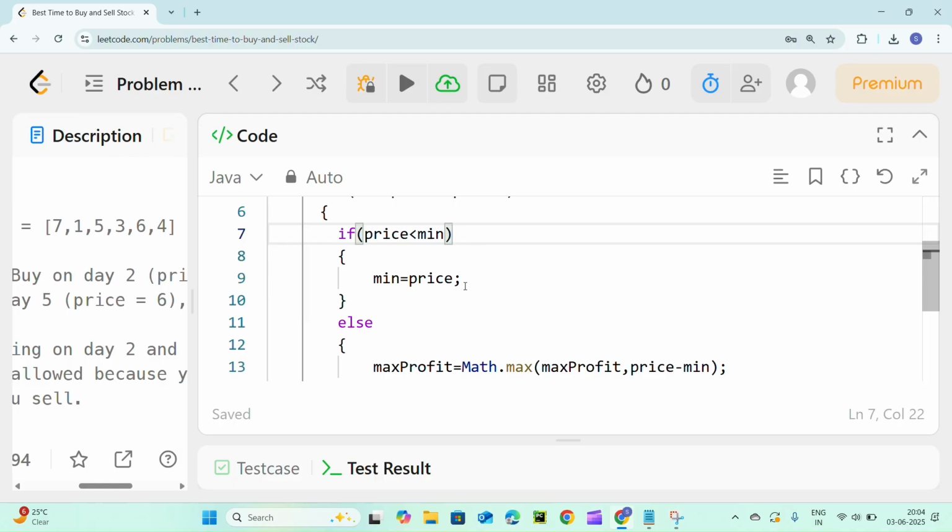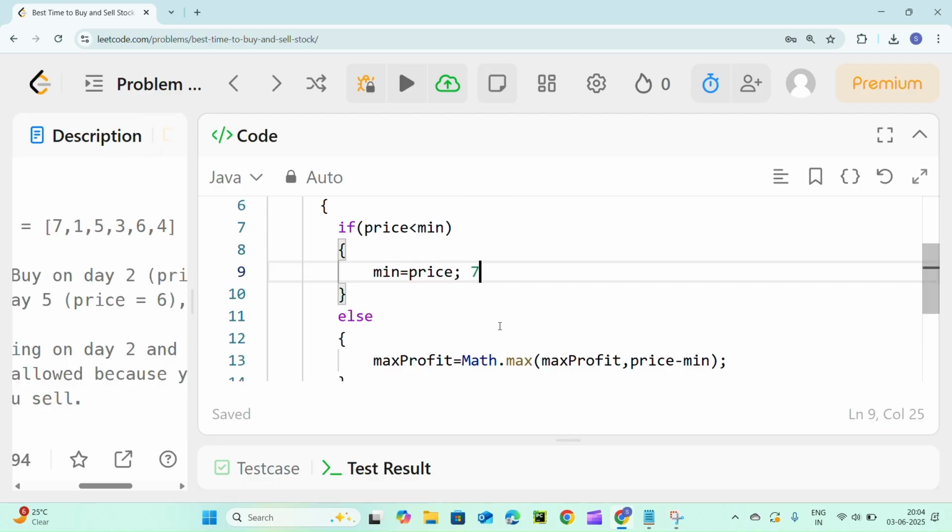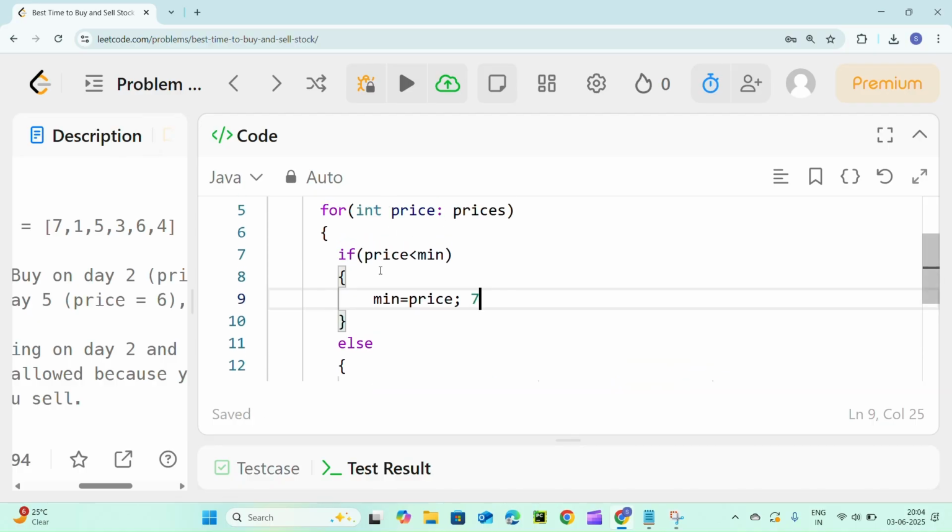Yes, it is true. Minimum value will become 7 here. Let me write it here. And then what happens next? Price value will become 1. 1 is less than 7. Yes, it is true. So minimum value will become 1, and then 5 is less than 1? Here minimum value is 1. 5 is less than 1, false.